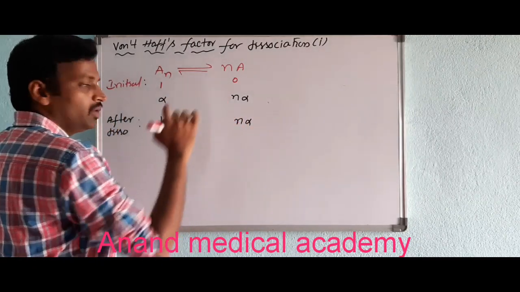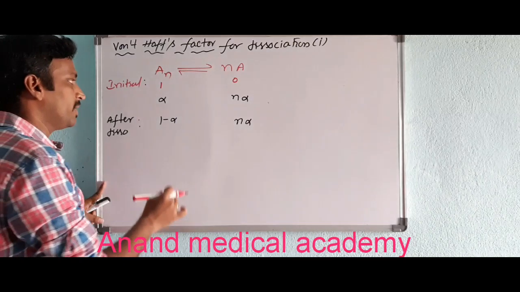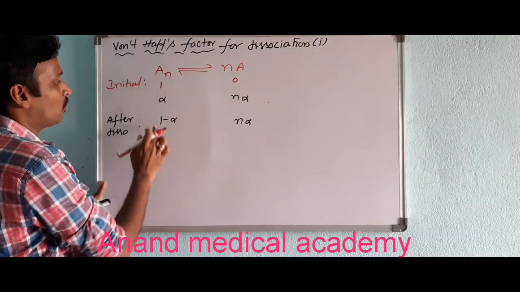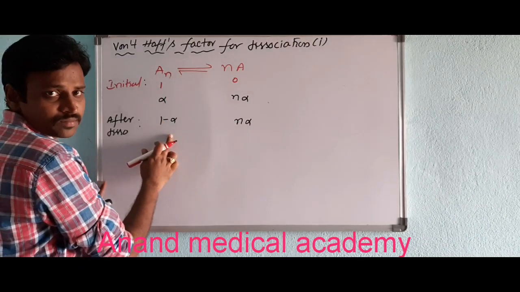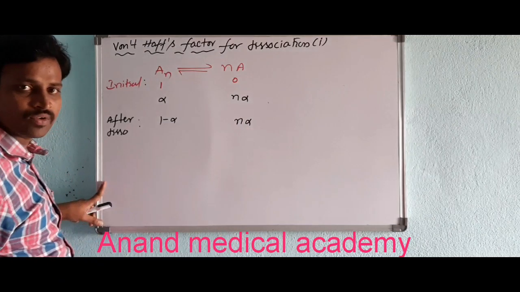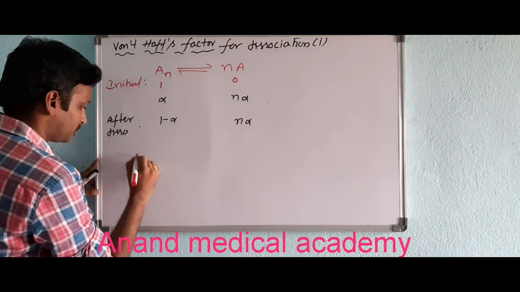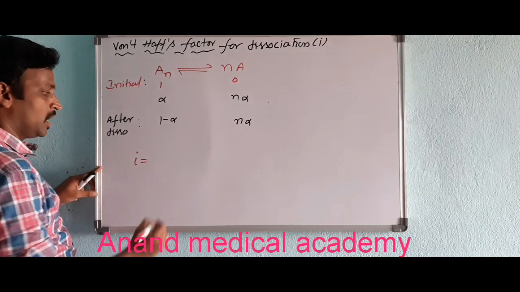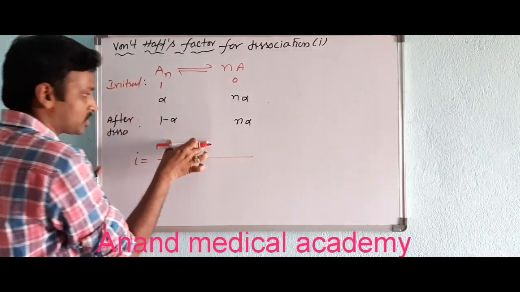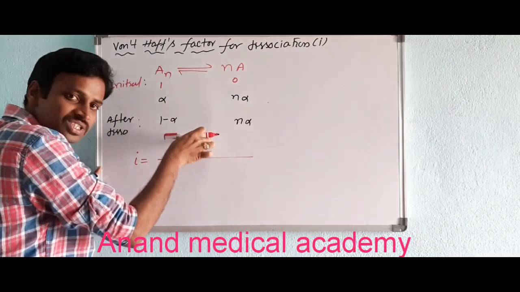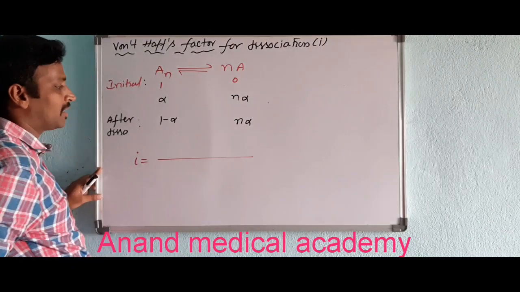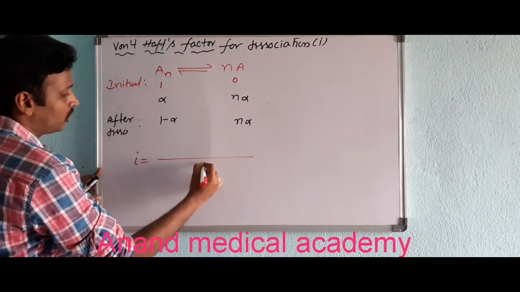How many remain after dissociation? 1 minus alpha remain. How many formed? N alpha. Therefore, what is i? Total number of moles after dissociation to the initial number of moles. Initially how many moles? 1 mole.